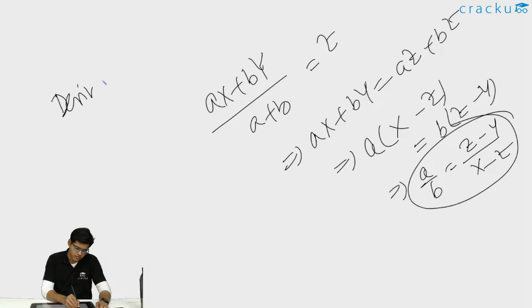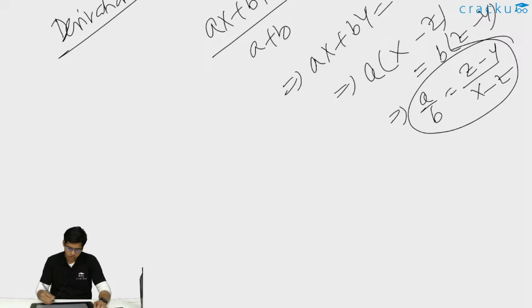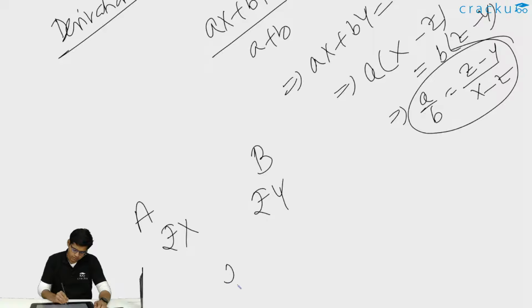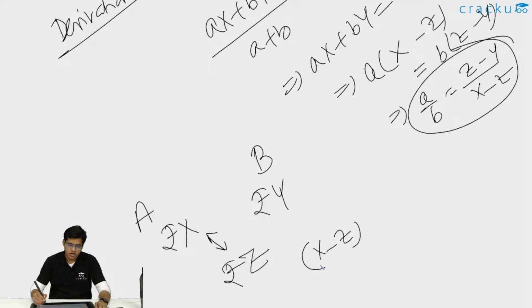This is the derivation which I have done. In exam cases, what you guys have to do is write A rupees X, B rupees Y, final price we are having rupees Z. The difference for X and Z is X minus Z, right?